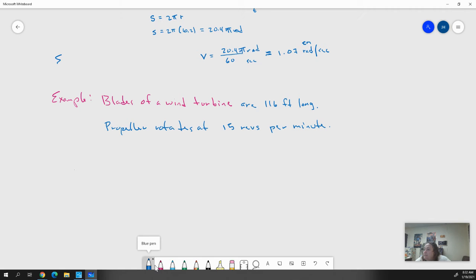We want to find the angular speed of a propeller in radians per minute.